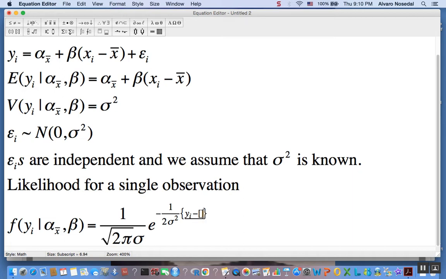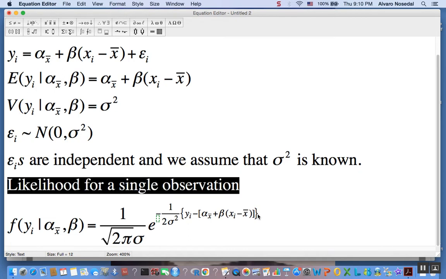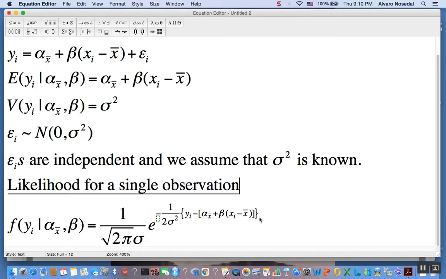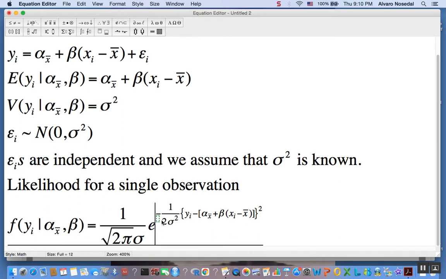So yi minus the expected value, and this is the expected value given particular values for alpha x bar and beta, the whole thing squared.